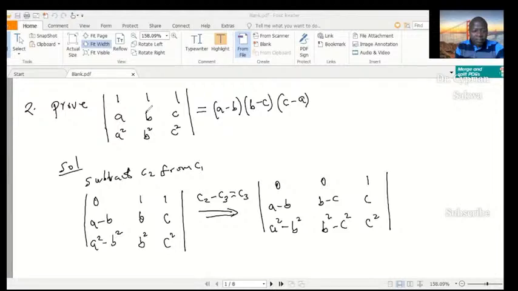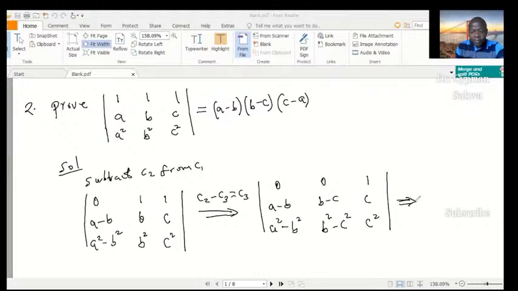When you delete row 1 and column 3, you are left with this matrix, A minus B, B minus C, A square minus B square, B square minus C square, whose determinant I want to get.